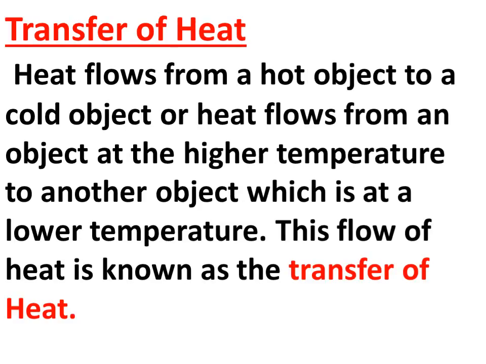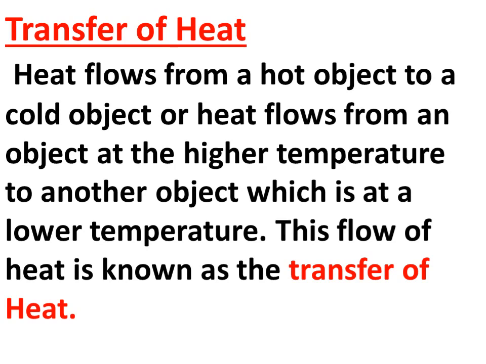Now we will talk about transfer of heat. Heat flows from a hot object to a cold object, or heat flows from an object at higher temperature to another object which is at lower temperature.